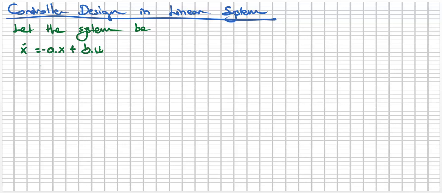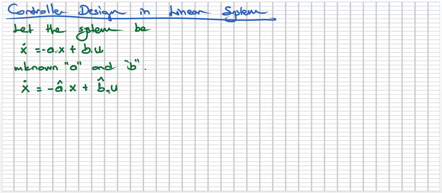In summary, we don't know the unknown parameters a and b, so we need to utilize x dot equal to a hat times x plus b hat times u, okay?